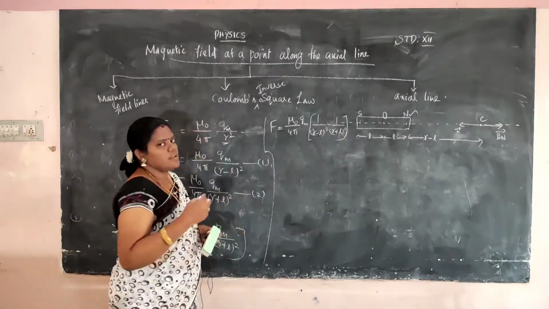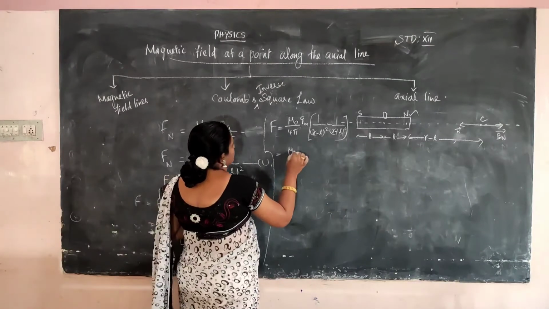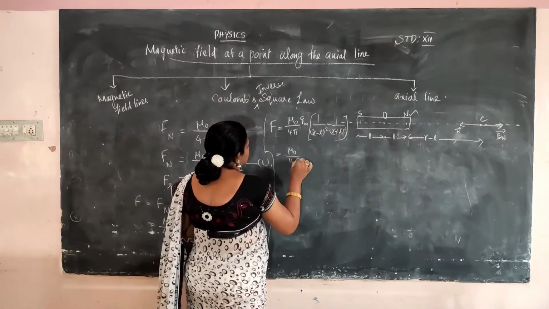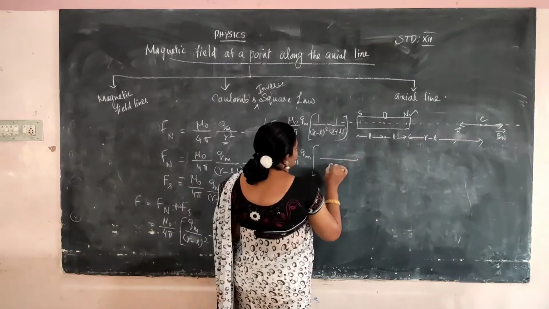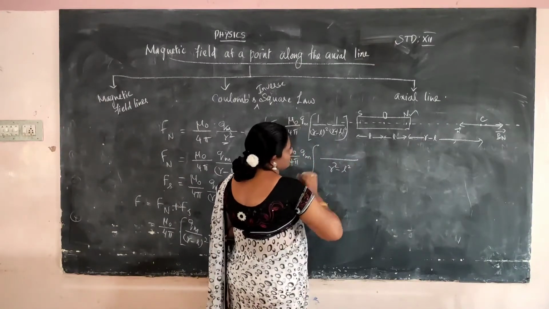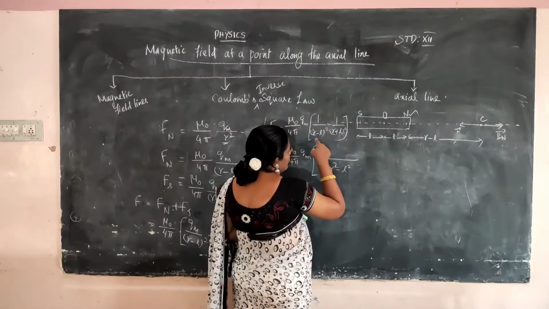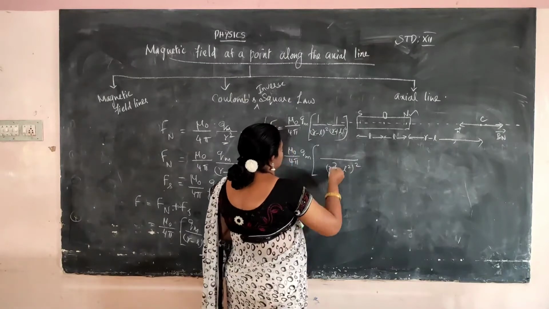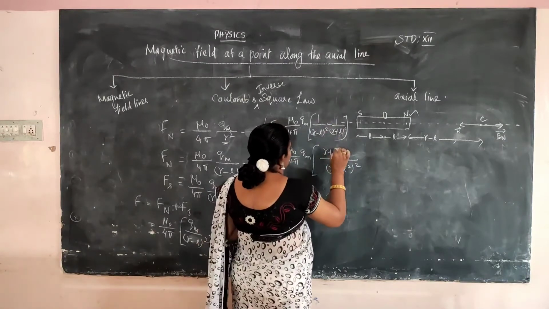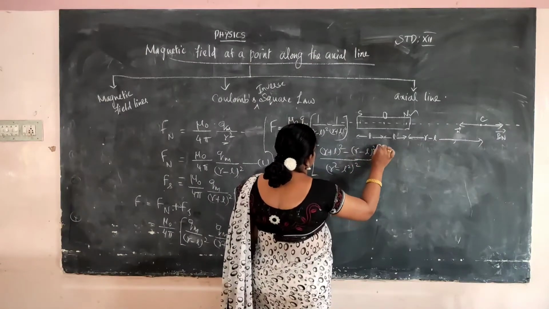Taking the LCM of r minus L and r plus L, the denominator is r square minus L square the whole square, and the numerator is r plus L the whole square minus r minus L the whole square.